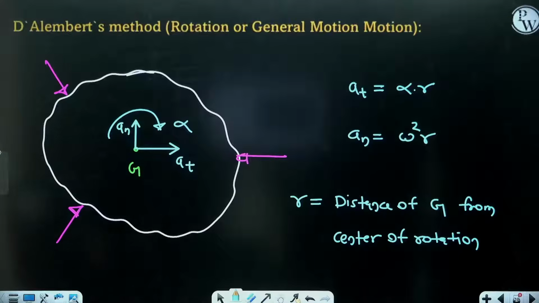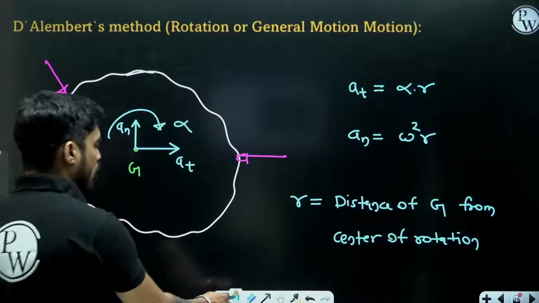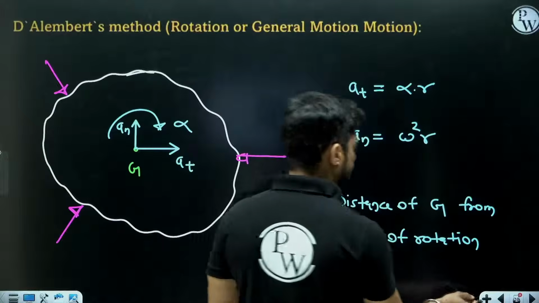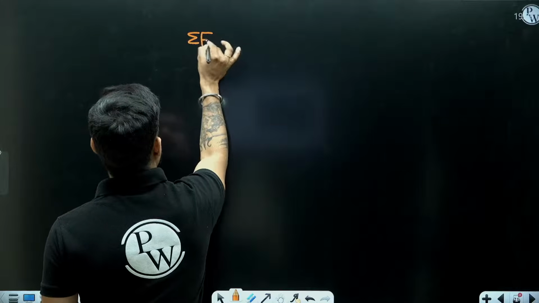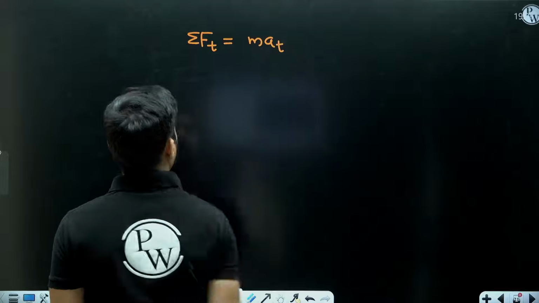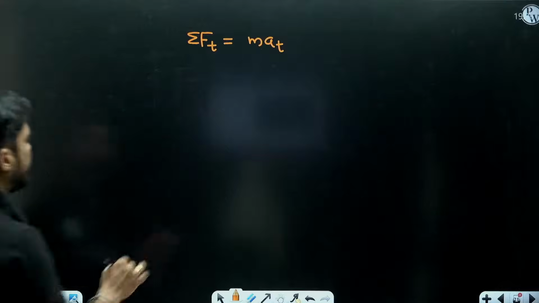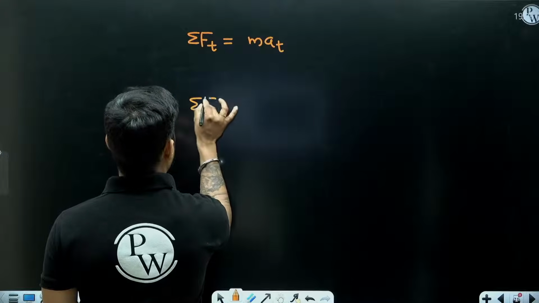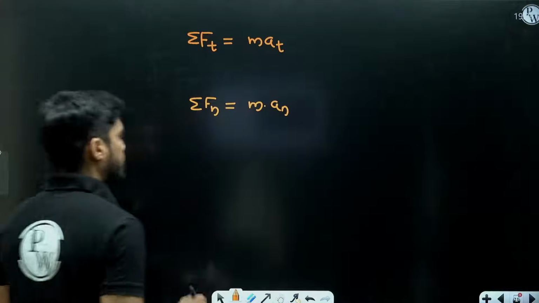Now comes Newton's second law. What is Newton's second law? According to Newton's second law, summation of Ft will be equal to MAT, summation of Fn equal to MAN.